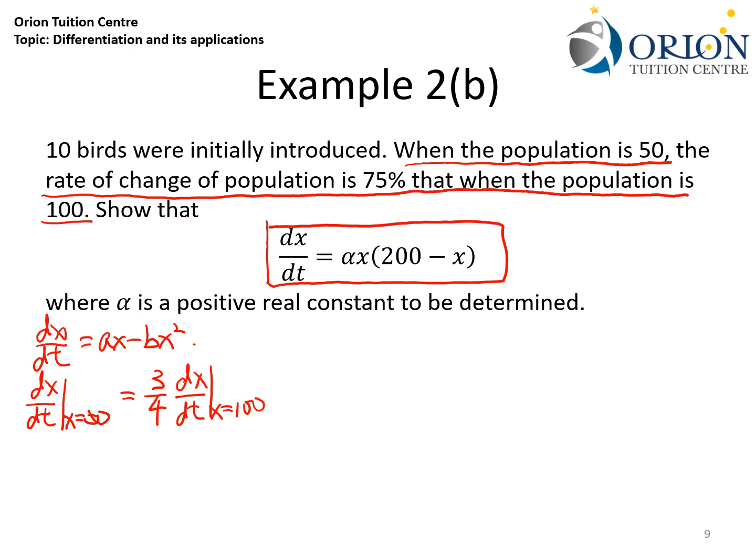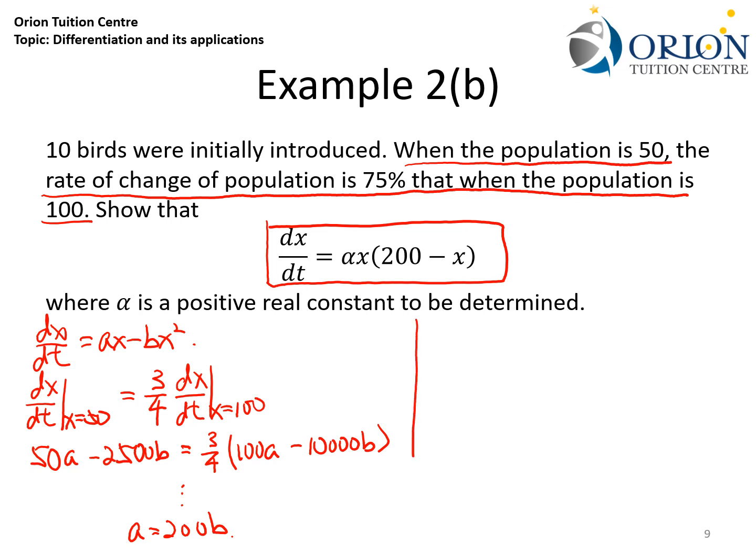So from here, I will have 50a minus 2500b equals 3/4 of 100a minus 10,000b. Now if I simplify this equation, eventually I can show that a equals 200b.